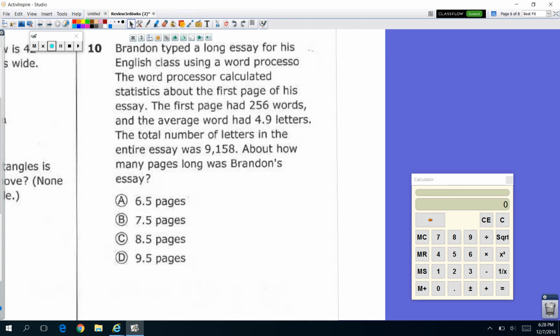But the one thing that I keep emphasizing is that you guys need to make a list of what you read. And in this case, my list would go something like this. The one page, it's 256 words. See, the first page had 256 words.